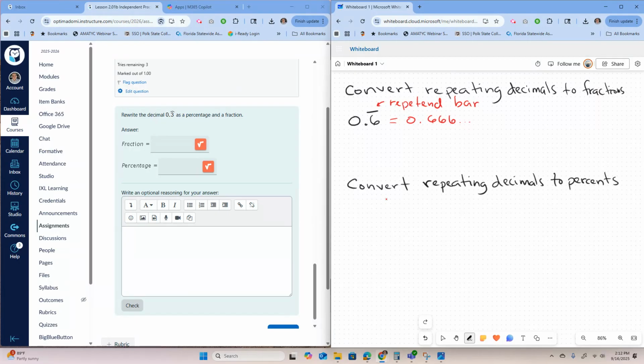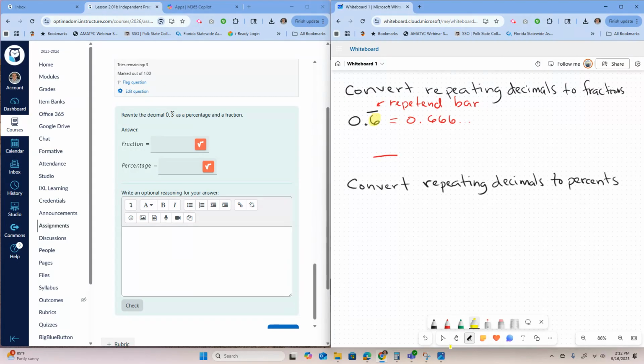Now, how do you convert a repeating decimal to a fraction? I'm going to give you a nice trick. Every time you're working with repeating decimals, you're going to see the bar. What you're going to do is write a fraction bar, and count how many digits are under the bar. Right now I only have one digit, the 6.